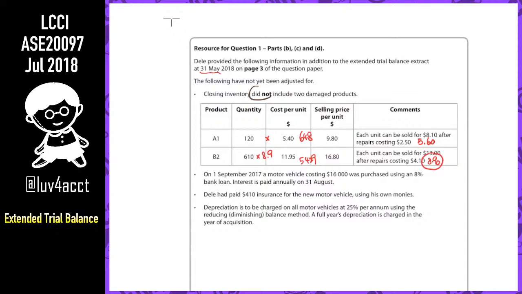It is purchased on the 1st of September, so we have to count the number of months. September, October, November, December, and then January, February, March, April, May. So it is 9 months. Interest should be accrued for 9 months.